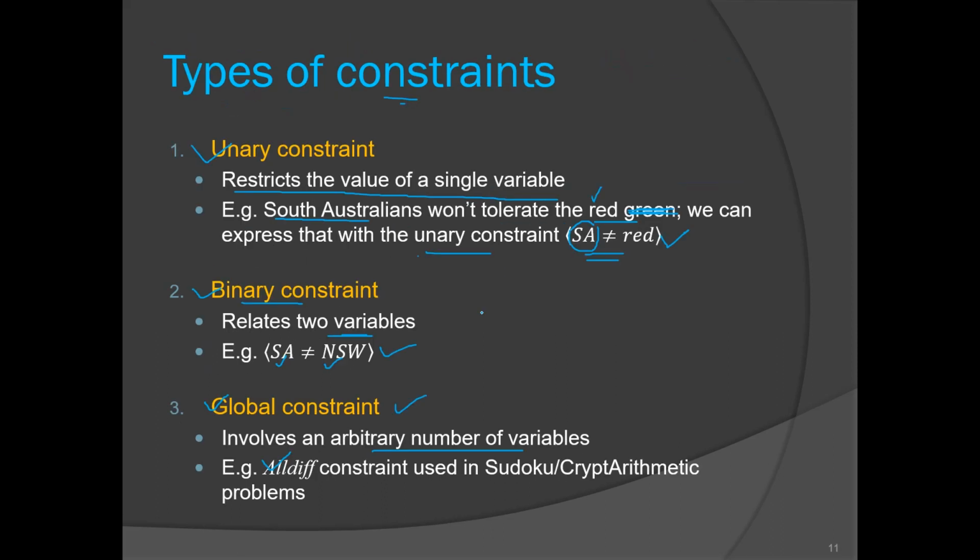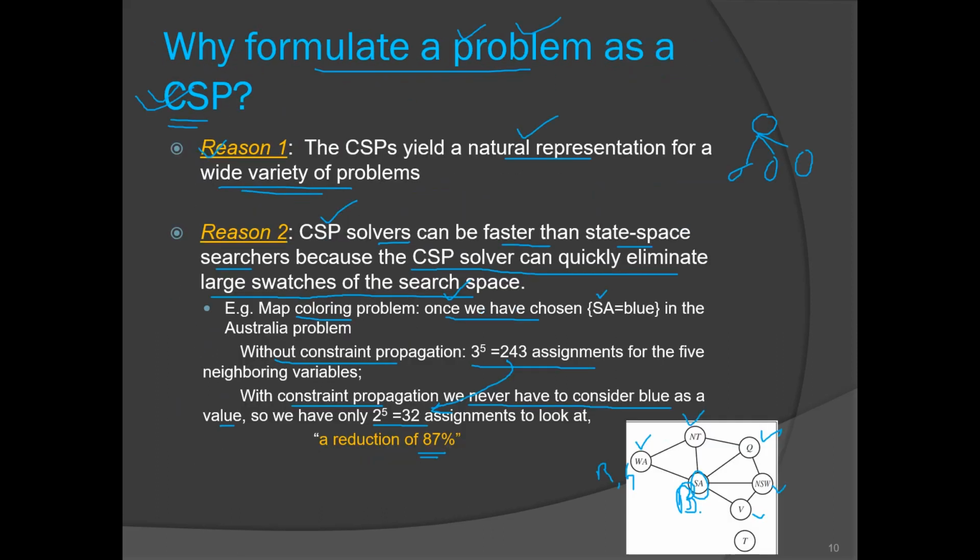Just now we have seen an example of this. We assigned the blue color to SA, and we propagated that constraint to our next variables. Earlier WA had 3 possible values in its domain, but because of this constraint propagation, the blue value is eliminated from its domain.